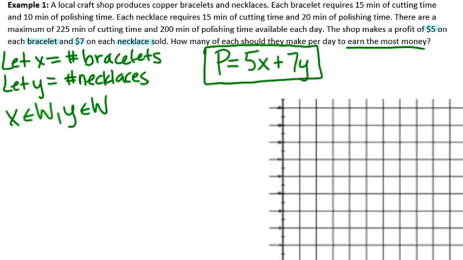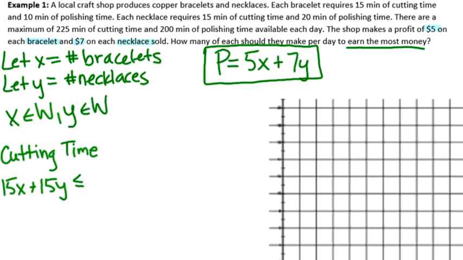So let's identify our inequalities, our constraints. We have our limitations stated in this question. So in terms of cutting time, if we think back to our football and soccer ball question a couple of sections ago when we were talking about cutting and stitching, our cutting time for each, so bracelets need 15 minutes and necklaces need 15 minutes, so 15x plus 15y must be less than or equal to 225 minutes.